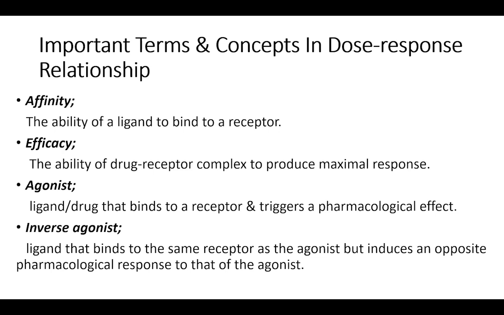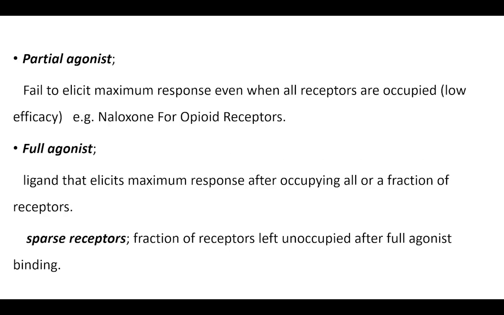Then the inverse agonist is the ligand that binds to the same receptor as the agonist but induces an opposite pharmacological response to that of the agonist. The partial agonists fail to elicit maximum response even when all receptors are occupied.